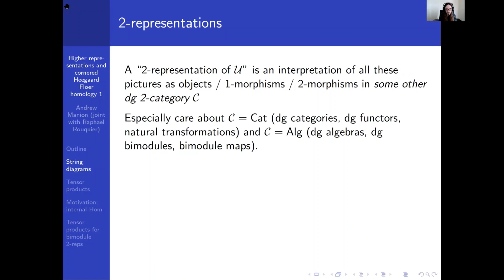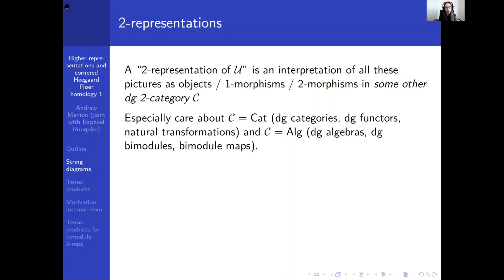I'll talk about two representations into C, where C is either Cat or Alg, these two categories that we talked about before. You could consider more general things, but we're going to have some tensor product construction for two representations into Cat. There's a closely related one for two representations into Alg, but they're not the sort of thing that would just generalize for two representations into an arbitrary two category.